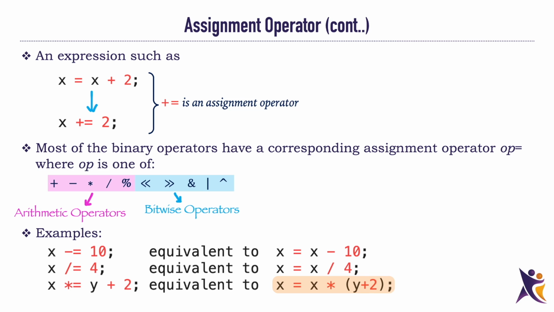We have y plus 2 as a single expression, so y plus 2 will be evaluated first and then the value of y plus 2 will be multiplied with x, and then the value of the expression x star y plus 2 will be assigned to x, right? So this is how we use assignment operator in C.